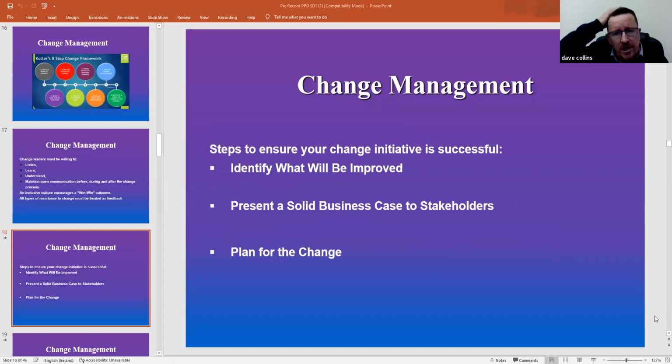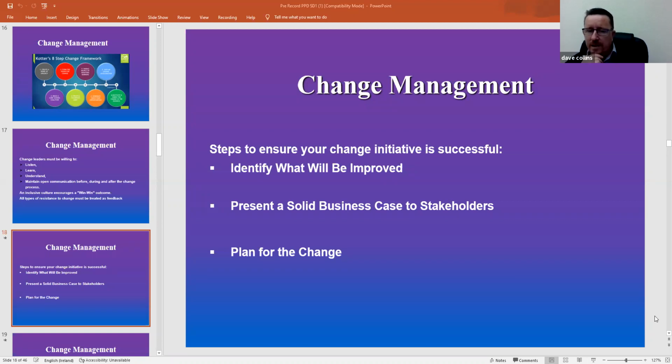Steps to ensure your change initiative is successful. Identify what will be improved. Present a solid business case to stakeholders and plan for the change. So it's all about preparation. If you're in a position to bring a change about in your organization, when you're trying to sell your idea to whoever it may be, the stakeholders, the board of directors, whoever it is, you need to go in there prepared.